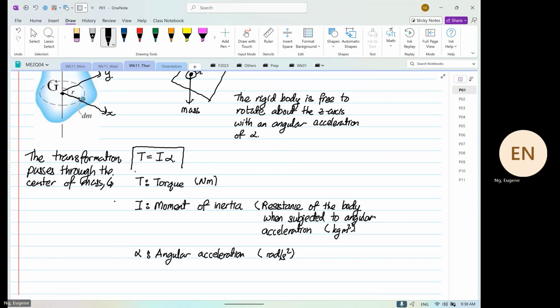This corresponds to torque in a what? Dynamic or rotating response.